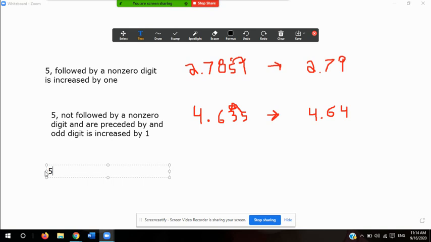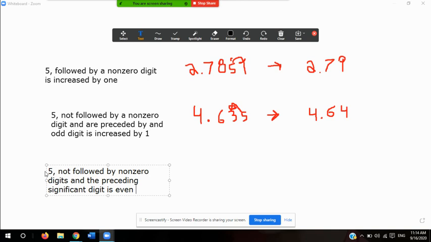But if I have a 5 not followed by non-zero digits, and the preceding significant digit is even, the number stays the same.